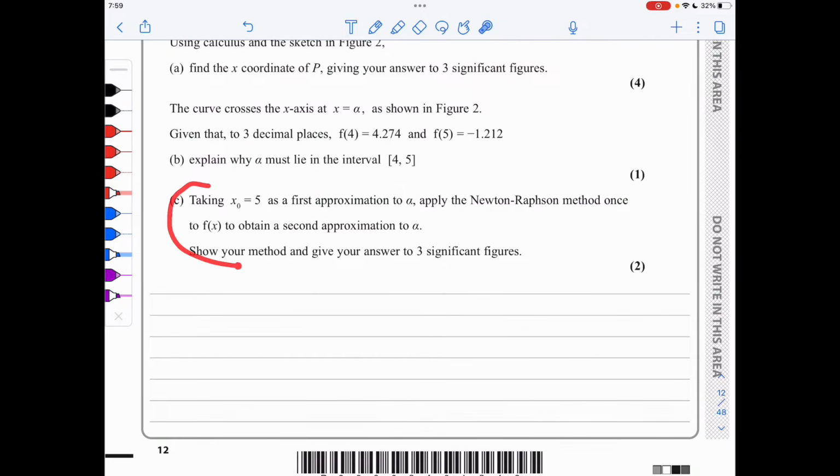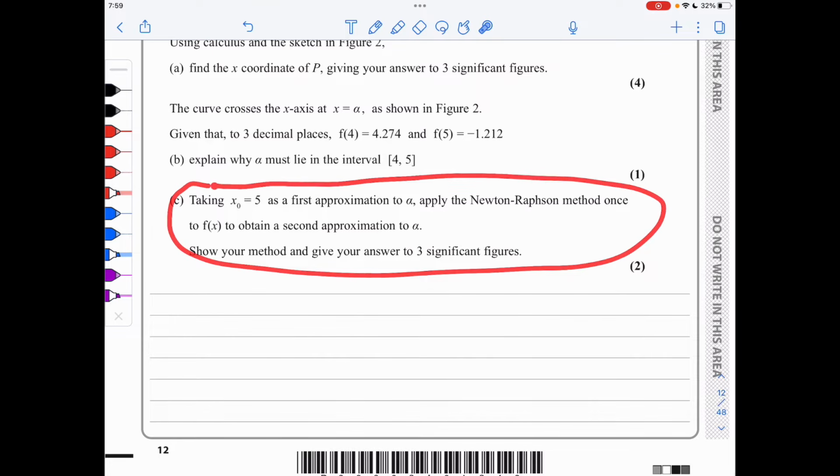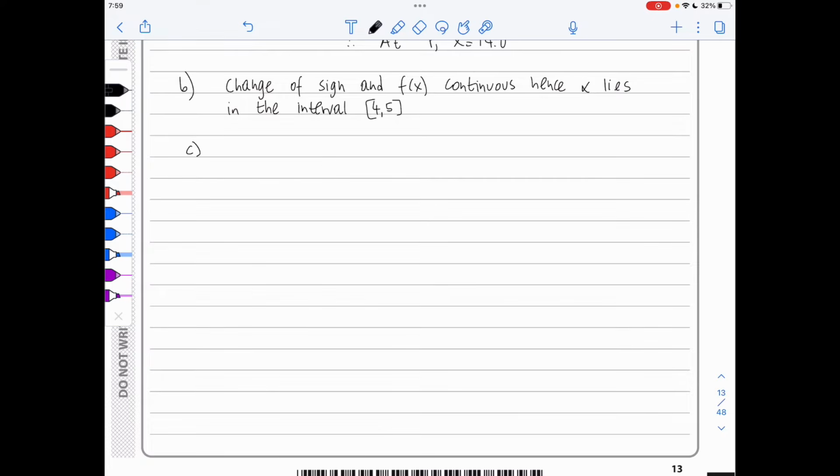In C, we need to start with x naught being 5 as the first approximation to alpha and apply the Newton-Raphson method once to find a second approximation to alpha. We know that the Newton-Raphson process tells me that x n plus 1, the next iteration, is x n minus f of x n over f dash of x n.